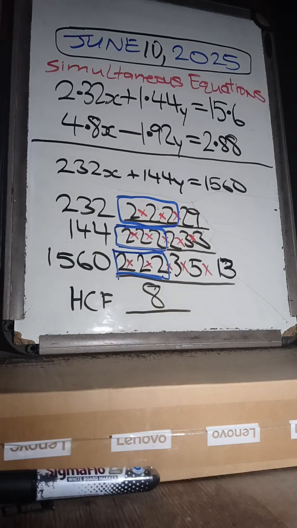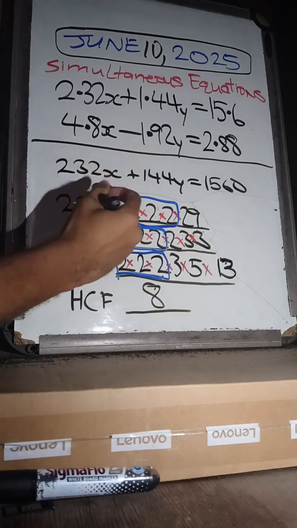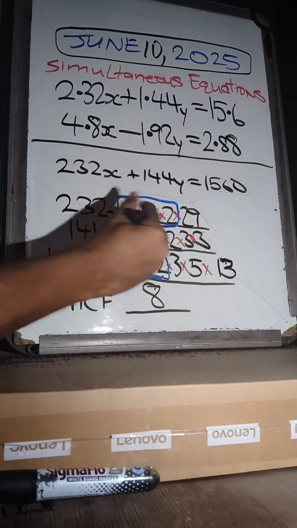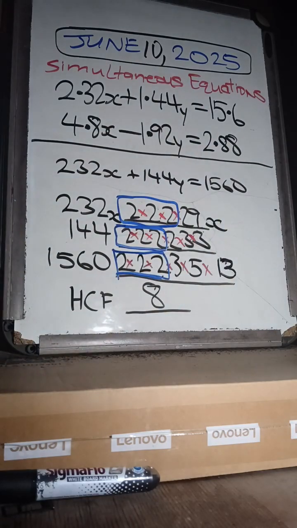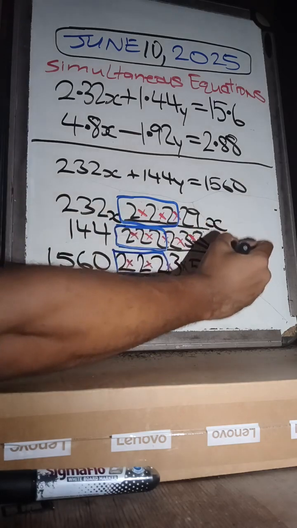So if I divided each number by 8, I would have, so fine, this was 232x. So now that is 29x. So if I divide 144 by 8, I'm left with 18. So this would be 18y.